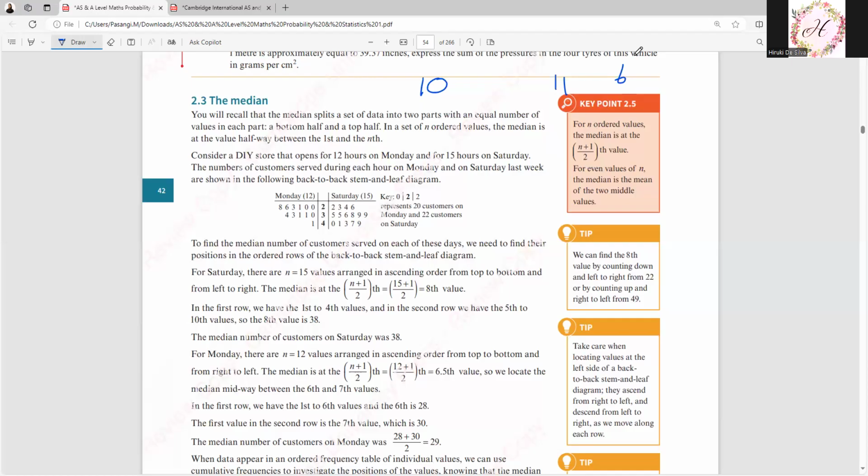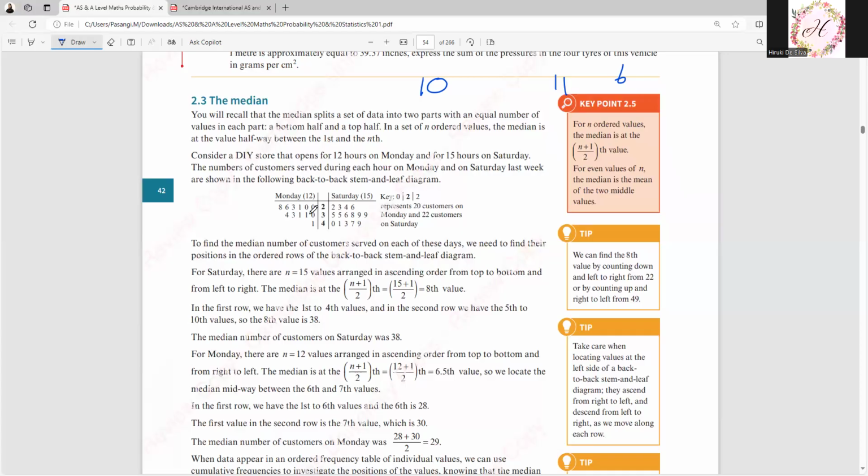Now here, consider a DIY store that opens for 12 hours on Monday and for 15 hours on Saturday as well. The numbers of customers served during each hour on Monday and on Saturday last week are shown in the following back-to-back stem and leaf diagram.